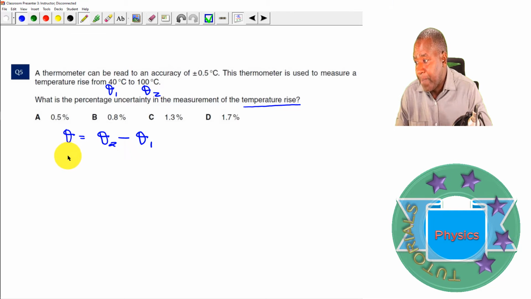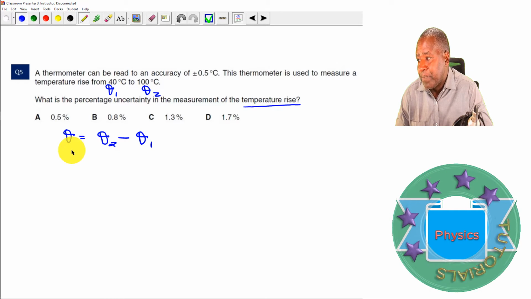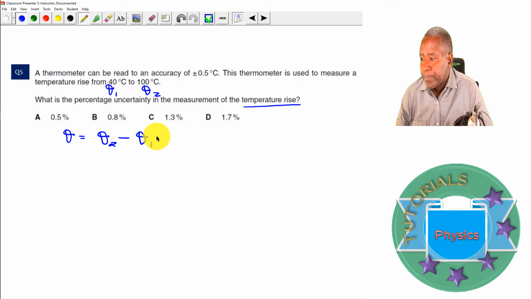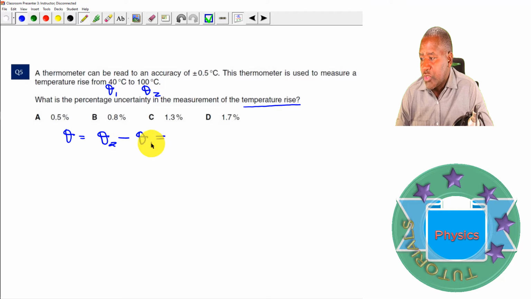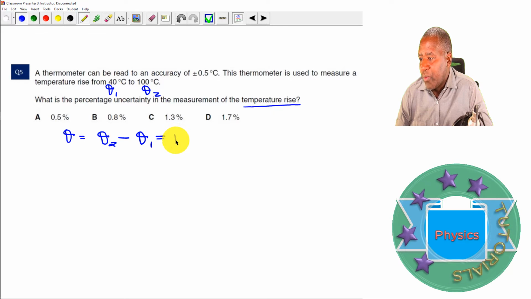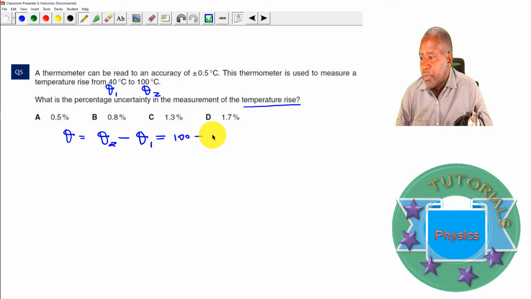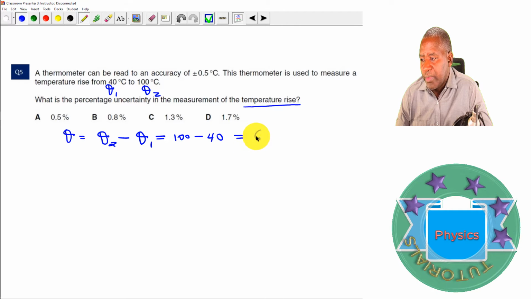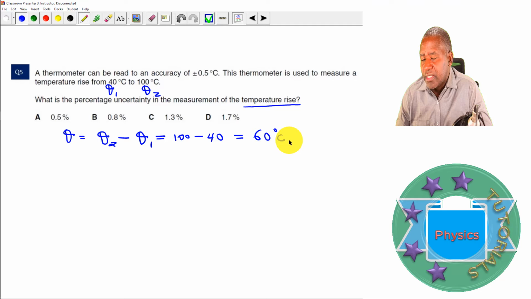So over here, we are going to find that theta 2 minus theta 1 will be 100 minus 40, and this will be 60 degrees Celsius.